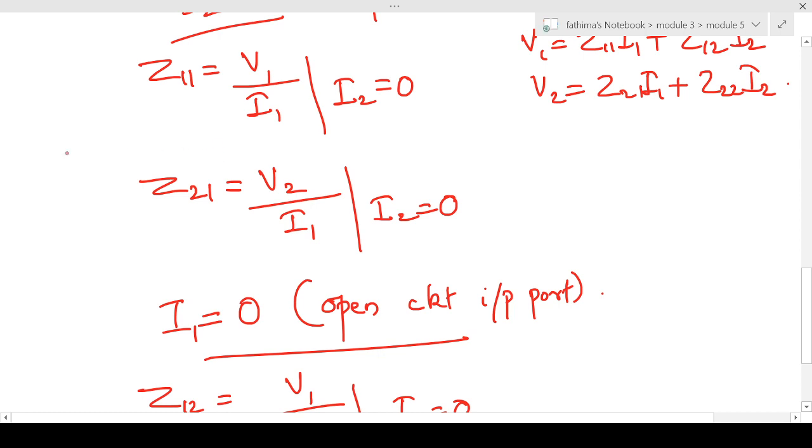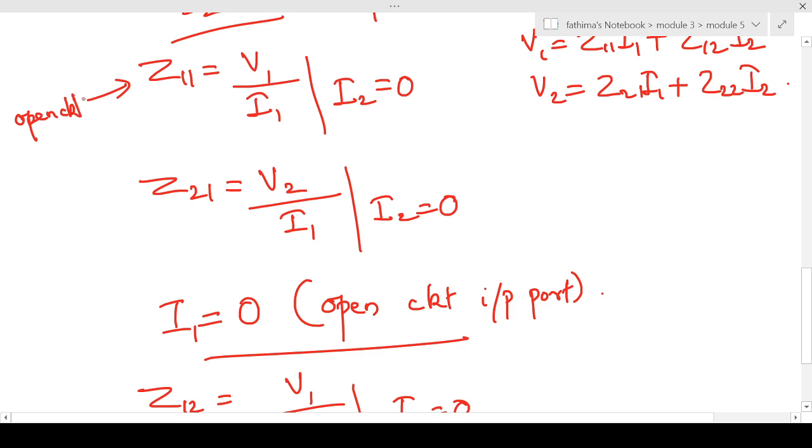And Z11 is called the open circuit driving point input impedance, because V1 by I1 is the impedance, and that impedance is the impedance of the input port. And this is called the driving point impedance because this V1 and I1 belong to the same port, that is, both belong to the input port. So Z11 is called the open circuit, I2 is equal to 0.